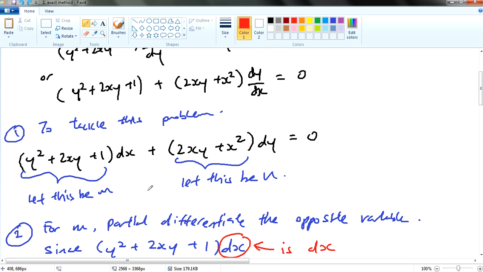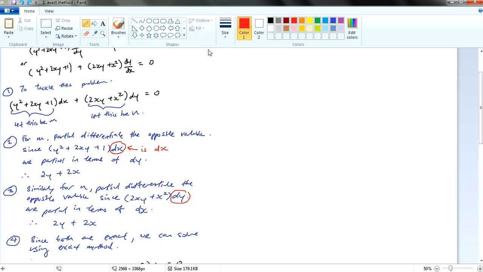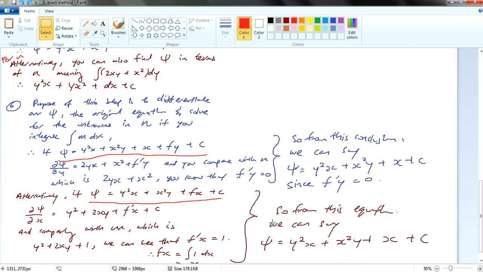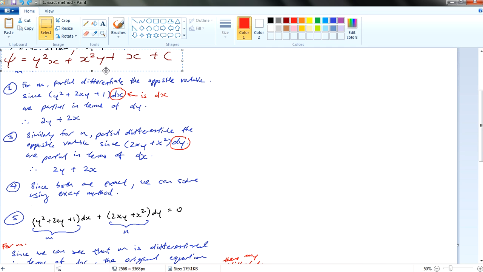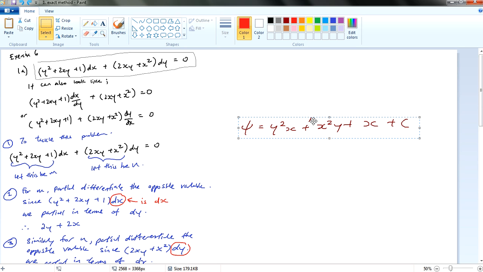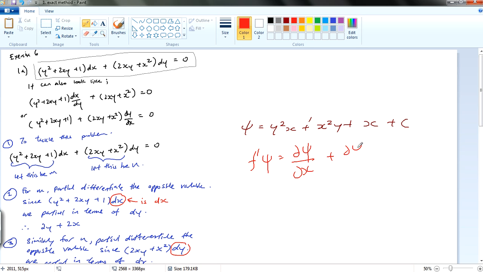To tackle this problem, as I said earlier, let's take the original equation xi. This is the final answer. If you want to solve for f prime xi, it is partial xi partial x, partial xi partial y.